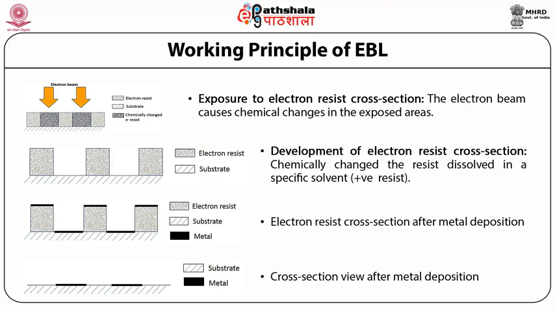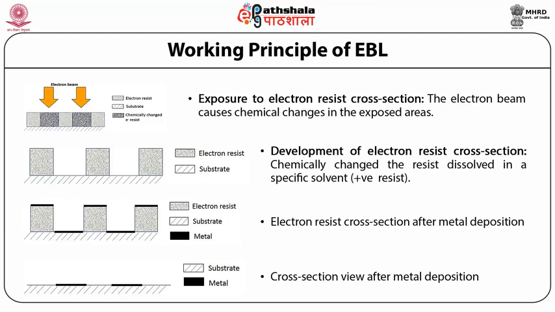Electron beam exposure breaks the polymer into fragments that dissolve in a developer at a ratio of 1:1 for methyl isobutyl ketone and isopropyl alcohol.